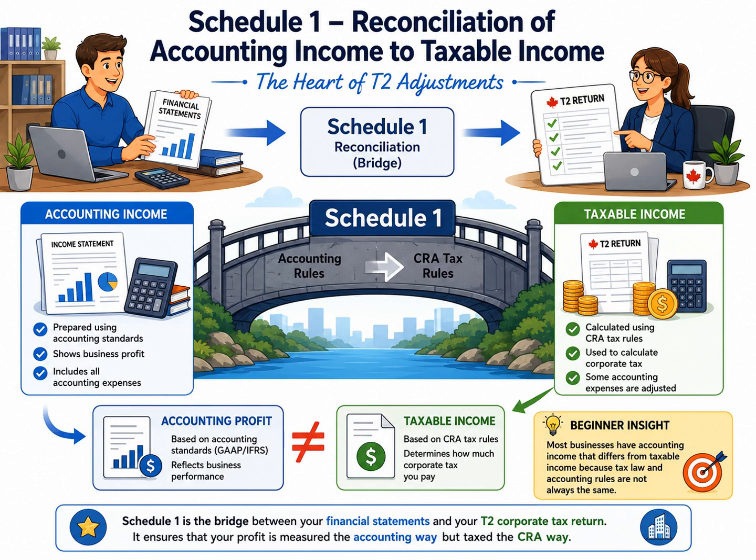However, the Canada Revenue Agency does not calculate taxes using accounting rules alone. Instead, it applies tax legislation to determine how much income is actually subject to tax. Because accounting rules and tax rules are not always the same, accounting profit is often different from taxable income.